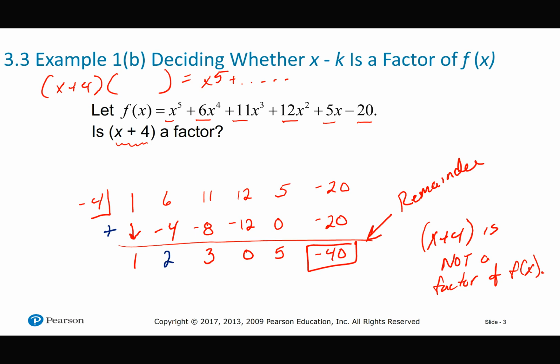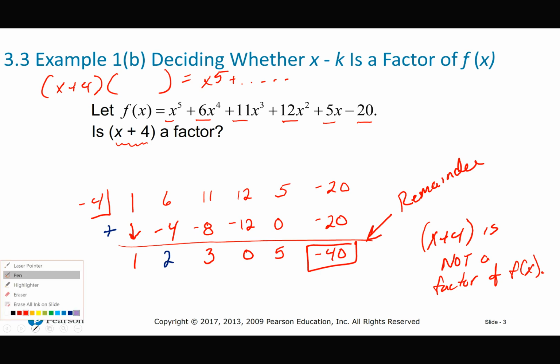So when we do this synthetic division, this remainder is important. If we get a remainder of 0, then yes, it is a factor. But if we do not get a remainder of 0, then it is not a factor.